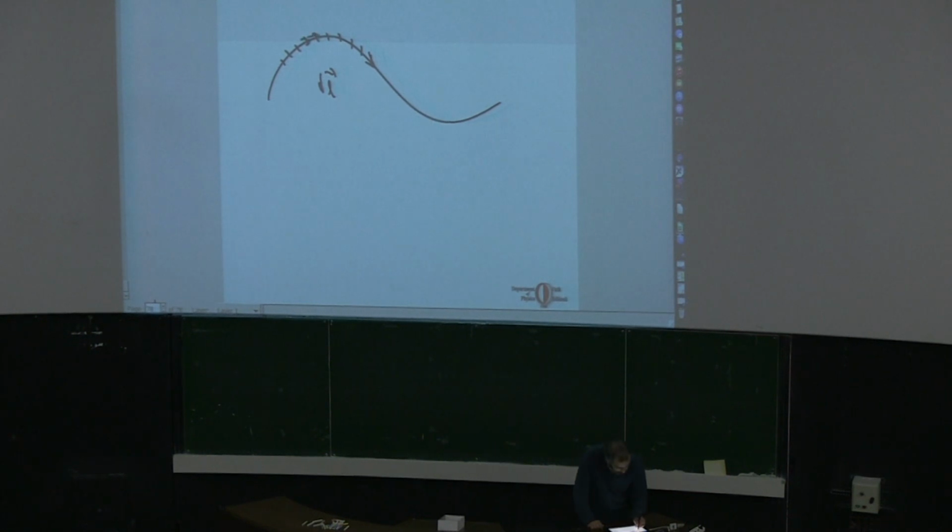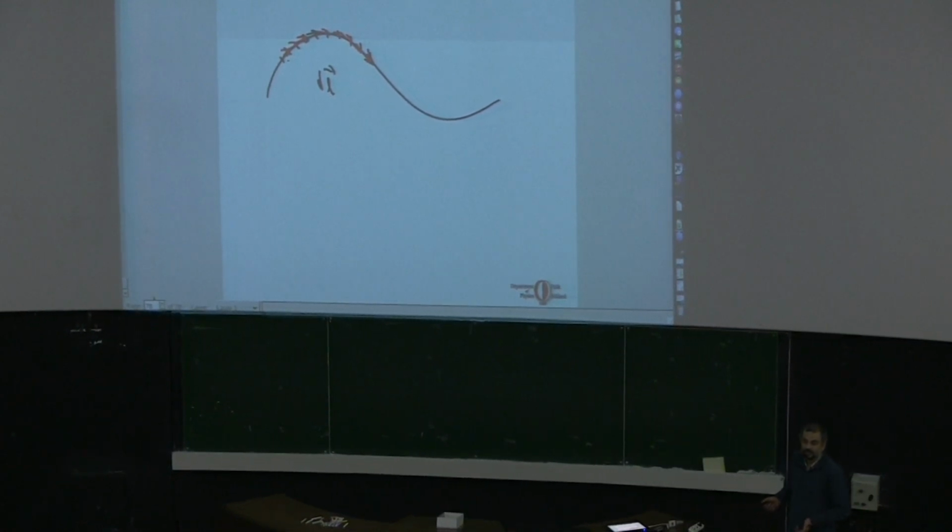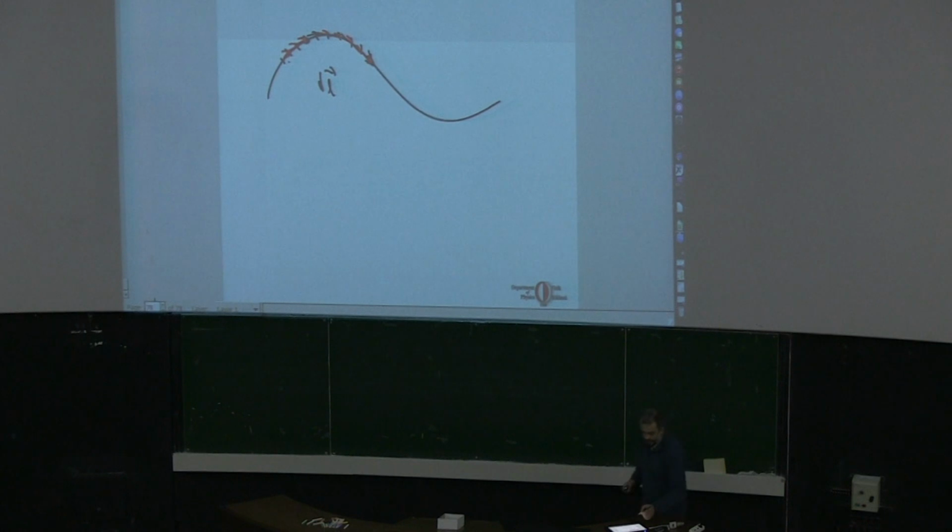These are our dl vectors as you go along your trajectory. We are, in a sense, generalizing this to 2 dimensions, to areas.